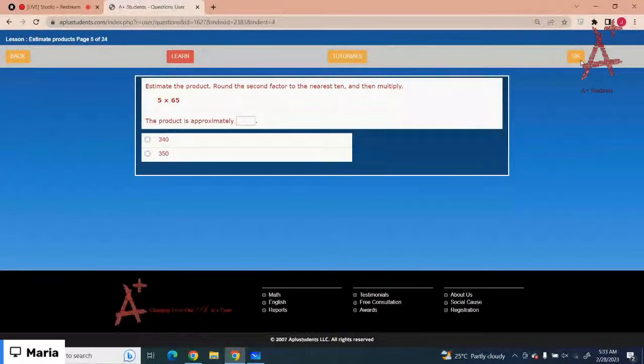The next one is 5 times 65. So 65 is rounded off to which 10? 60 or 70?